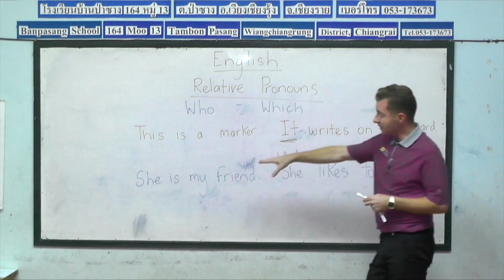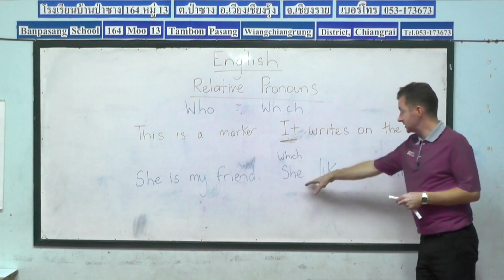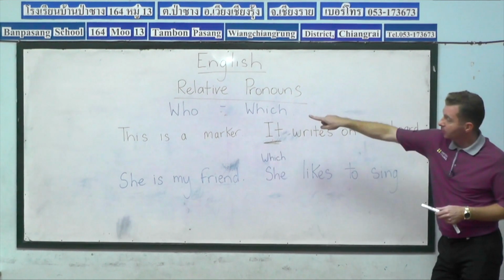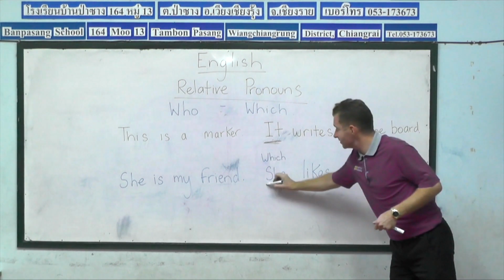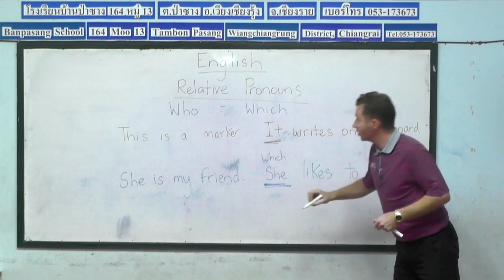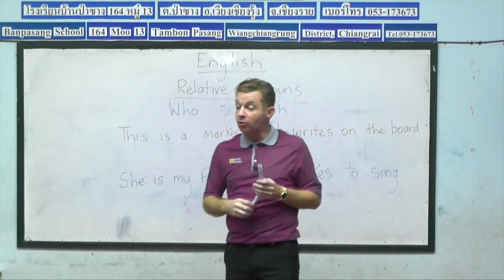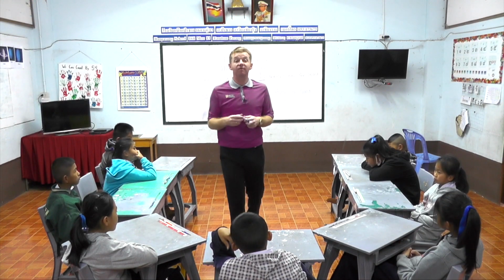You can see, sentence 1, she is my friend. Sentence 2, she likes to sing. But if we use the correct relative pronoun, we can link the two sentences by replacing this word here with either who or which.